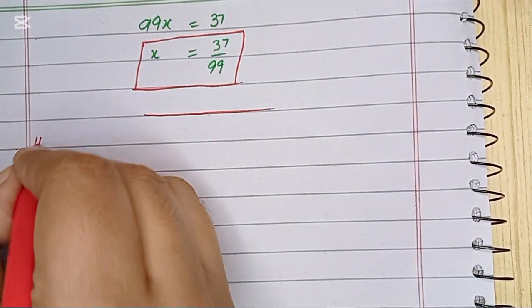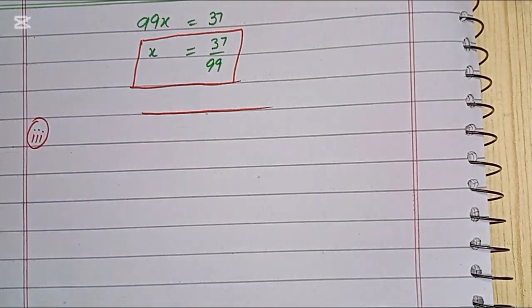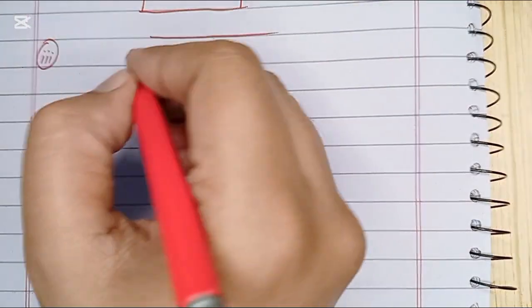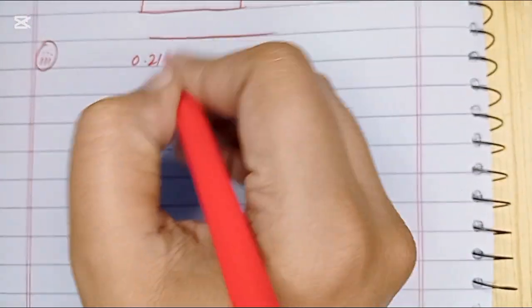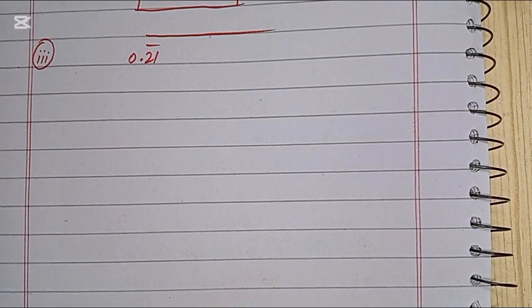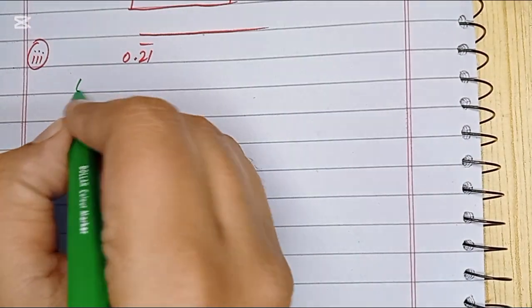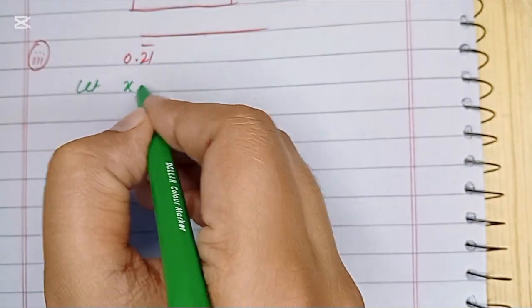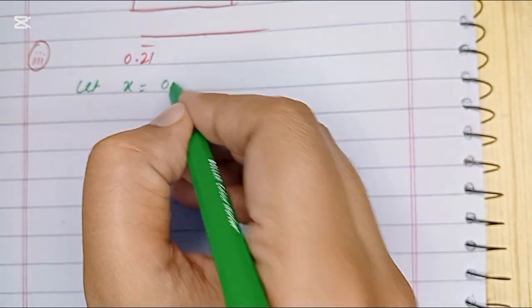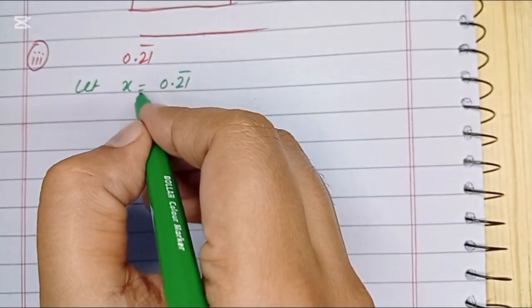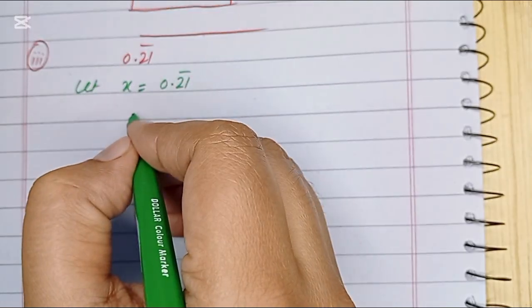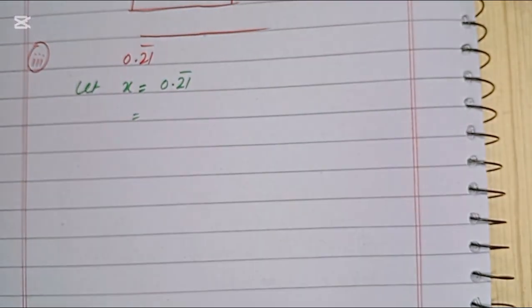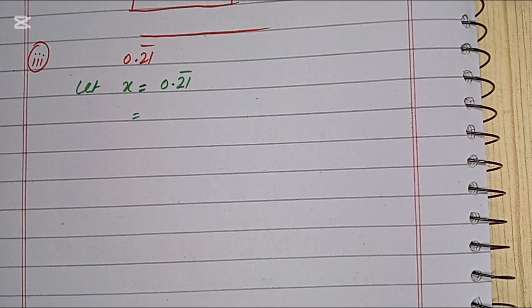Now we'll move to the third part, which is also a 2-digit expression. 2 digits are repeating. Let x equal 0.21 bar.